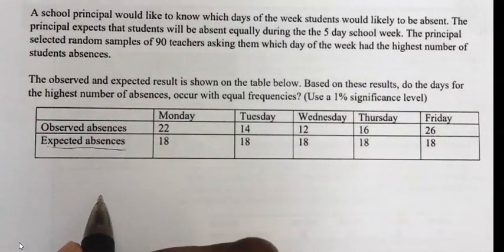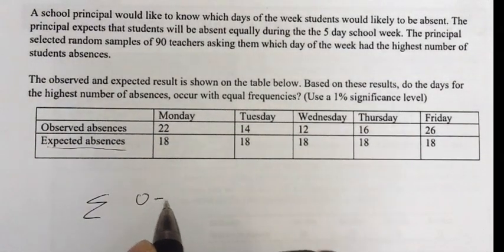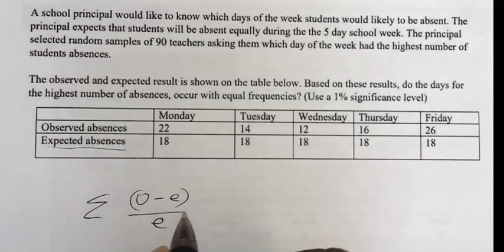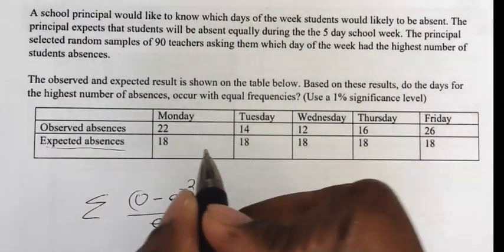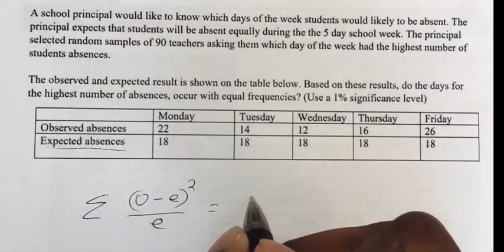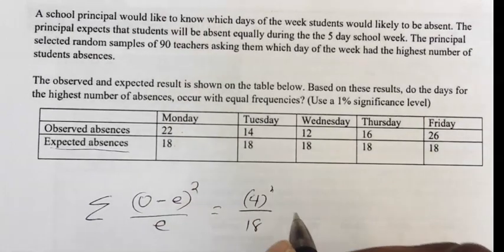So we learned in last class how to find the sum of all the observed values, take away the expected values, divided by the expected values, and it's going to be squared. We want to find the sum of all those. So basically, the observed is 22, take away 18, that's 4 squared, and we expect it to be 18.